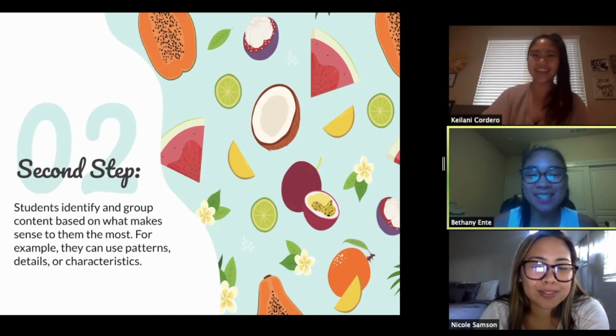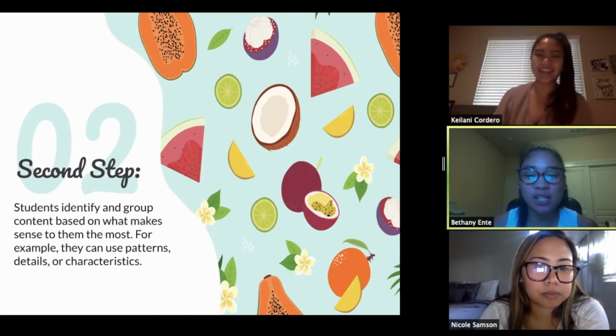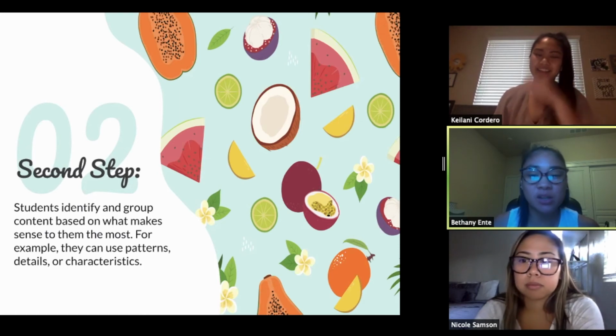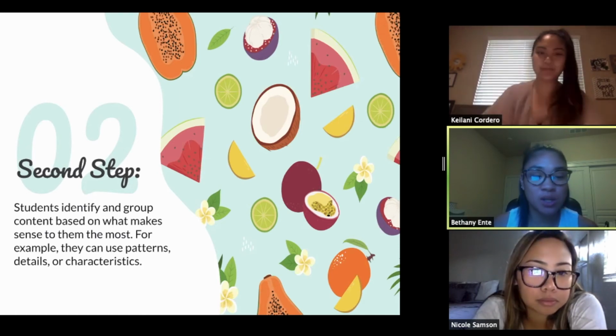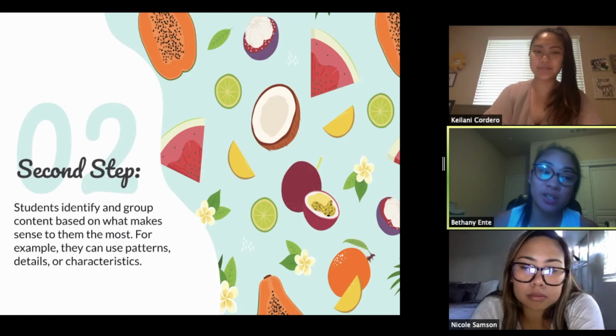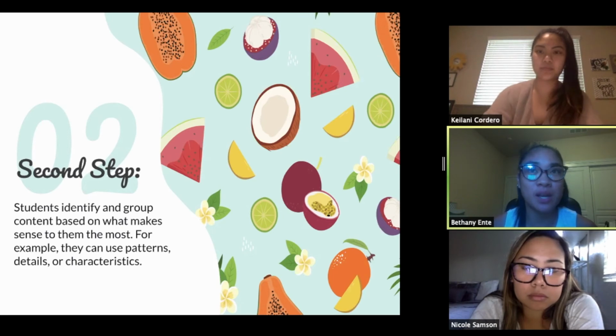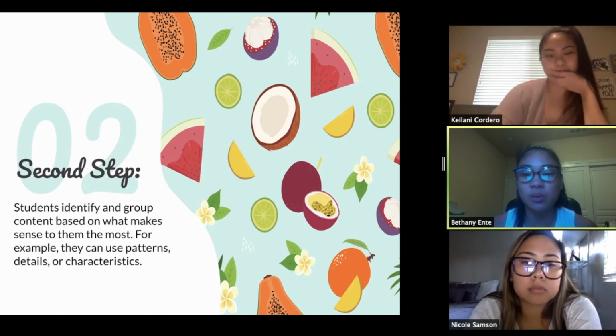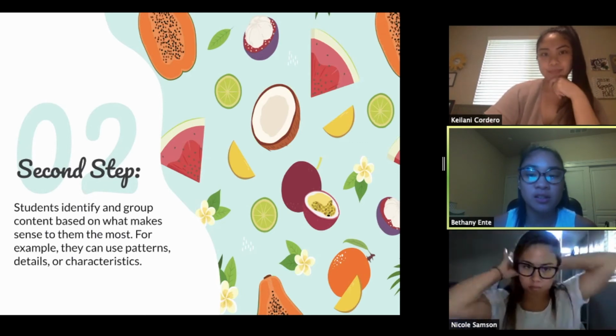The second step is where the students identify and group the content based on what makes most sense to them. So when we, as first graders, saw them, the best way that we could group them that made the most sense to us was by color. So that's when we grouped them by color.